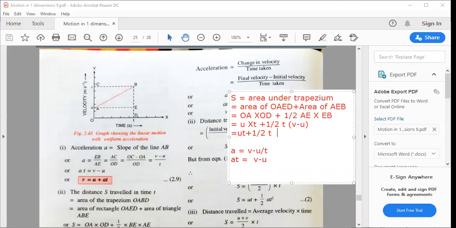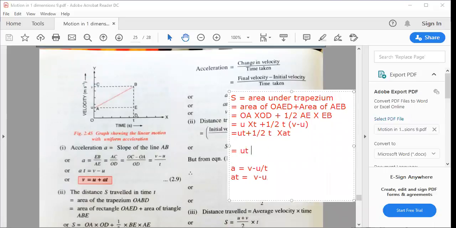So I will write AT. So what will this become? UT plus half AT square.